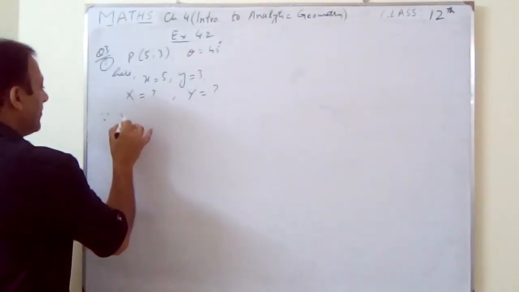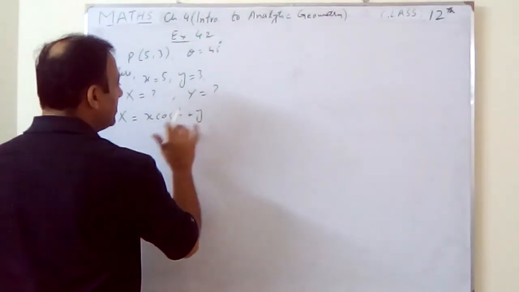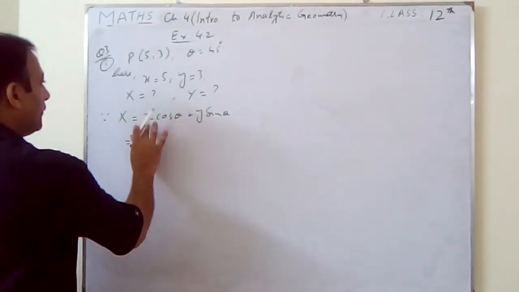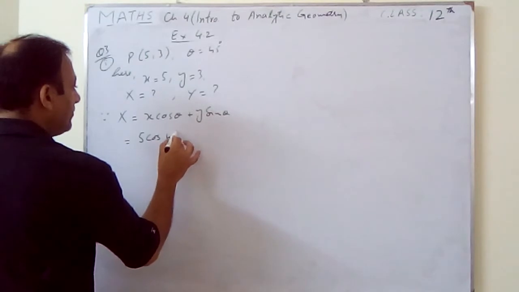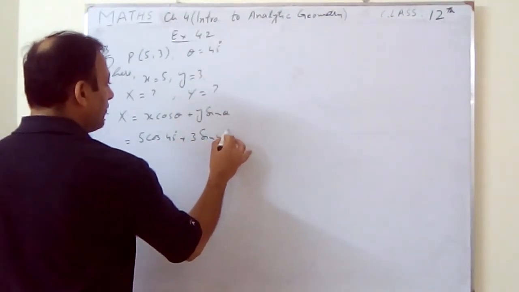Since capital X is equal to x cos theta plus y sin theta, putting the values: 5 cos 45 degrees plus 3 sin 45 degrees.